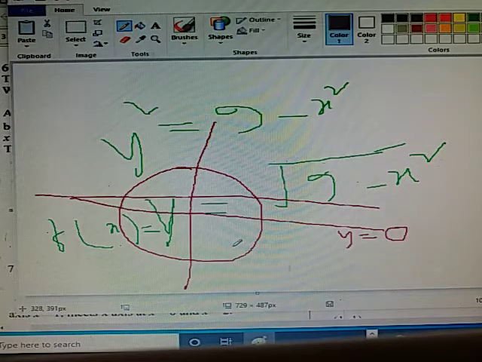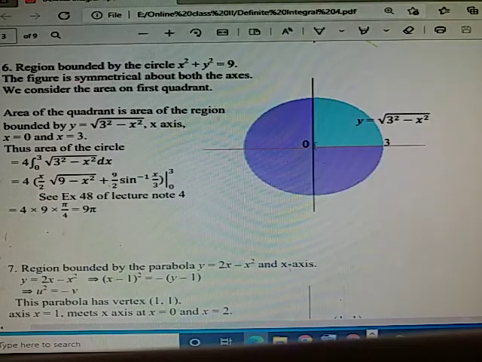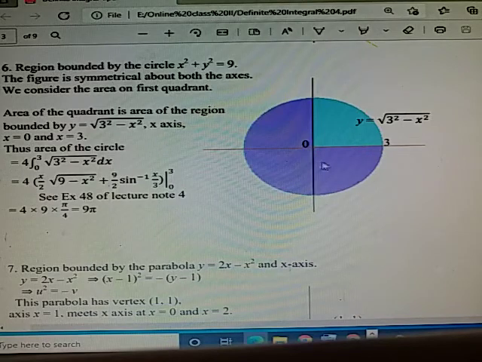So y is root over 9 minus x square. First it is positive, and to the lower side, to the negative side, the value is negative. Because it is a symmetrical figure and we require only the area, we find it and multiply by 4.